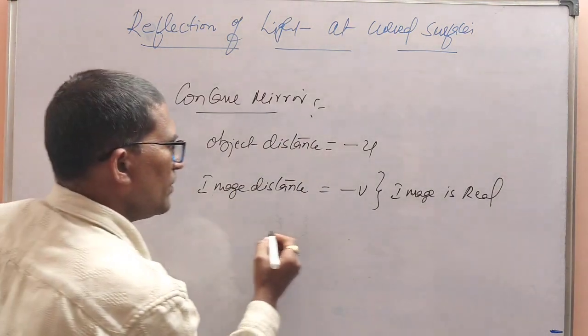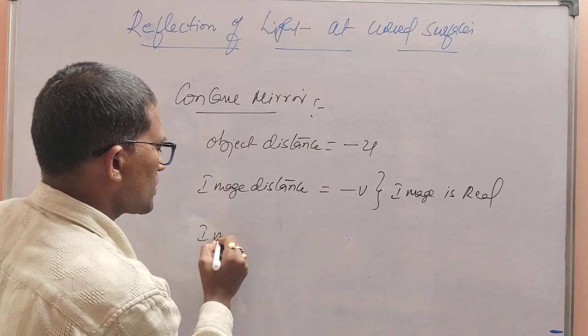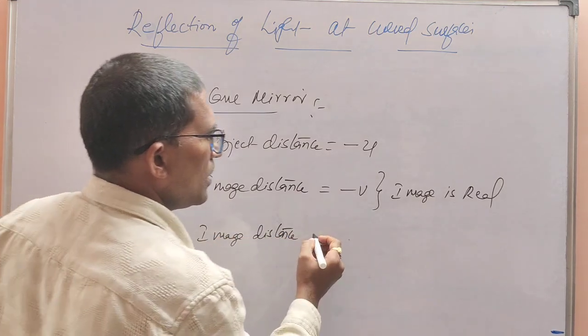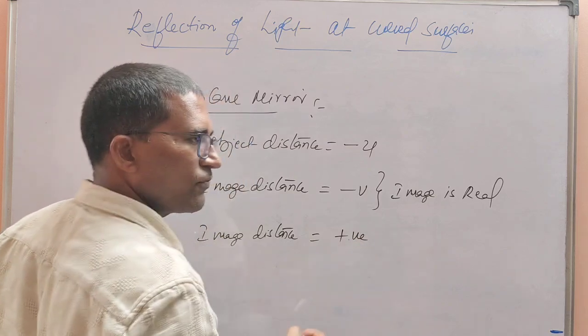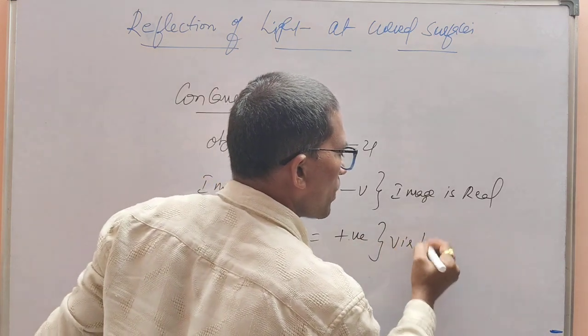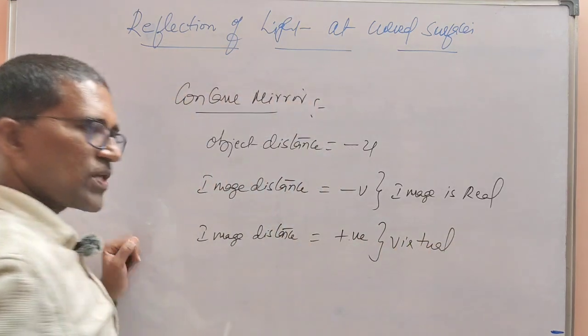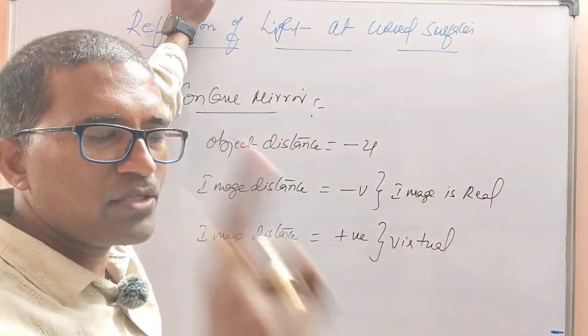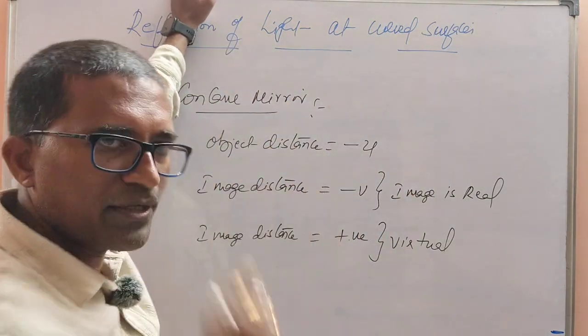And image distance is positive if the image is virtual. As we know, only in one case is a virtual image formed by the concave mirror.